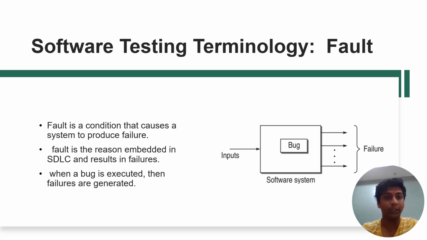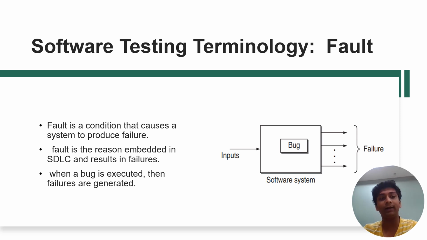What do you mean by fault? Fault is a condition that causes the system to produce failure. See, failure is the last step. The previous step is called fault. Fault causes the system to produce failure. So you need to resolve a fault as soon as you see it, or else your system is going to fail.